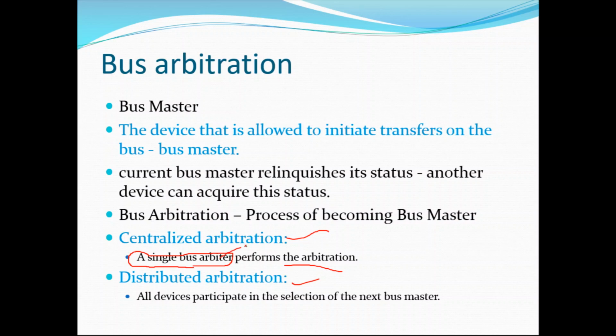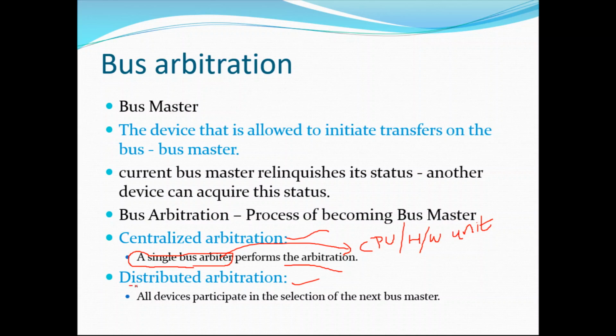This is a device which can be either the CPU or a separate hardware logic, a dedicated hardware unit that will not be used for anything else. It will be used only for bus arbitration. This unit will decide who should be granted the bus and become the bus master. That technique is called centralized arbitration.